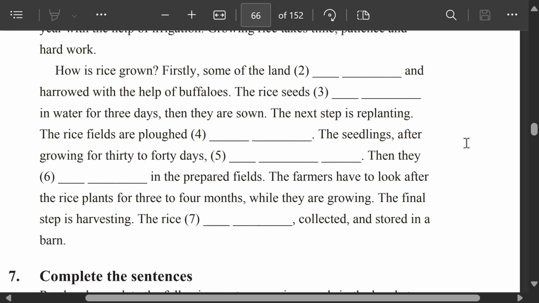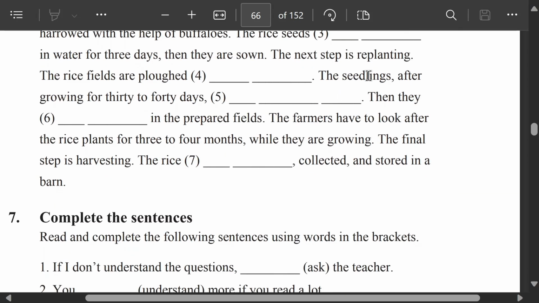Okay, I don't know what goes there, but anyways. I think the seedlings must be taken care of. They must be observed, right? They must be protected, something like that, right?